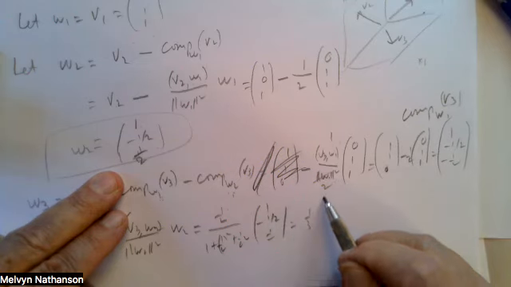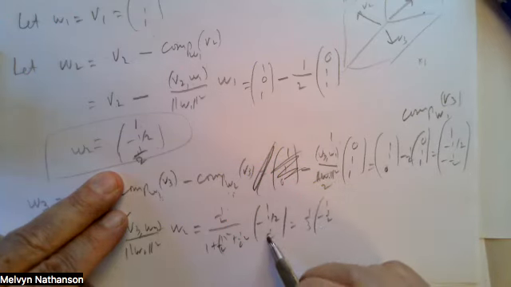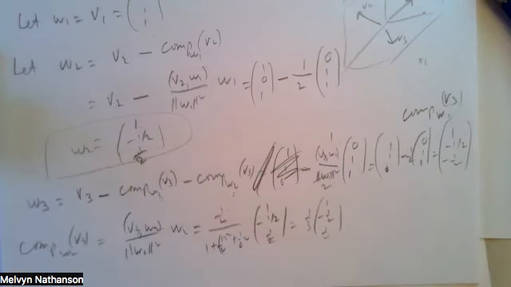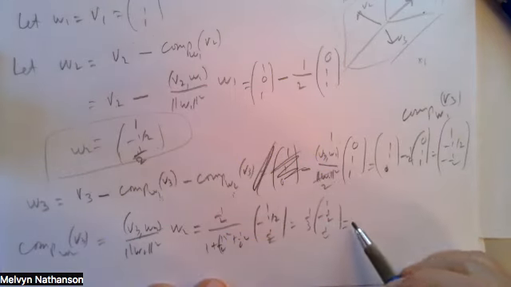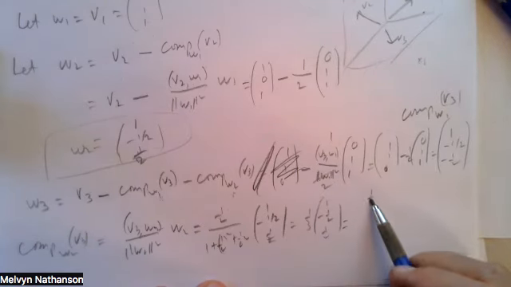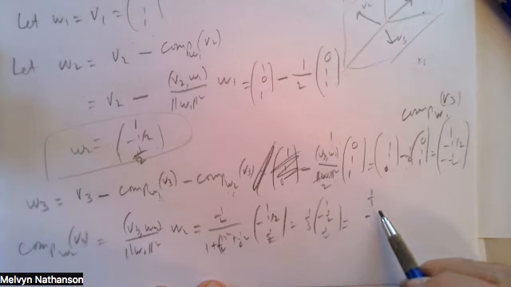This is 1/3 times 1 minus a half, a half. So that's equal to 1/3 minus a 1/6 plus a 1/6.